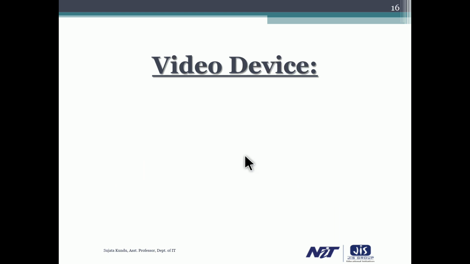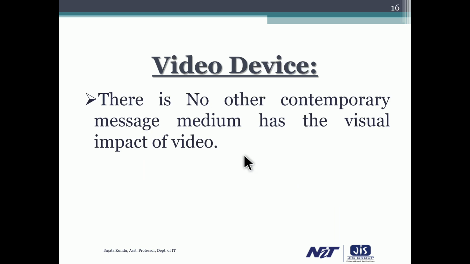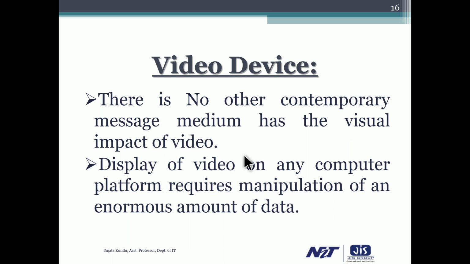Next, we will discuss video devices. No other contemporary message medium has the visual impact of video. With a video digitizing board installed in a computer, we can display a television picture on our monitor.